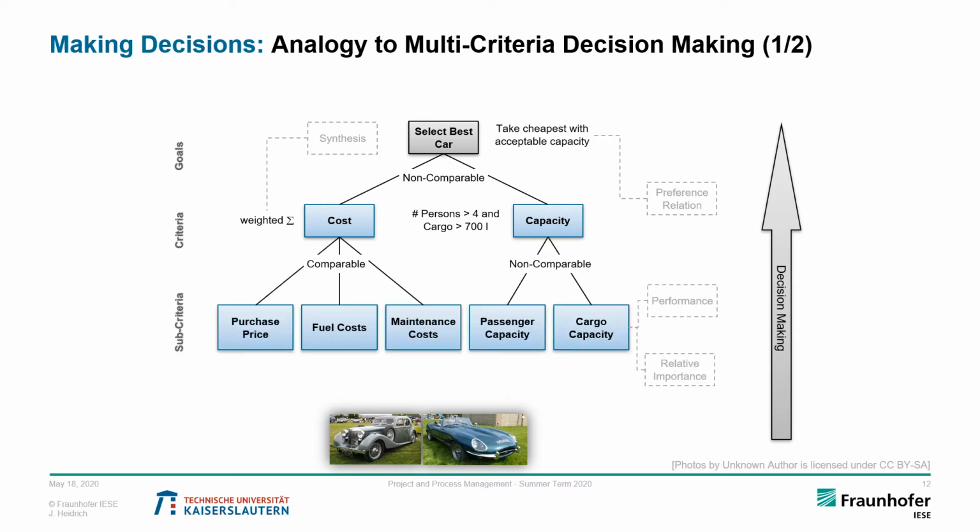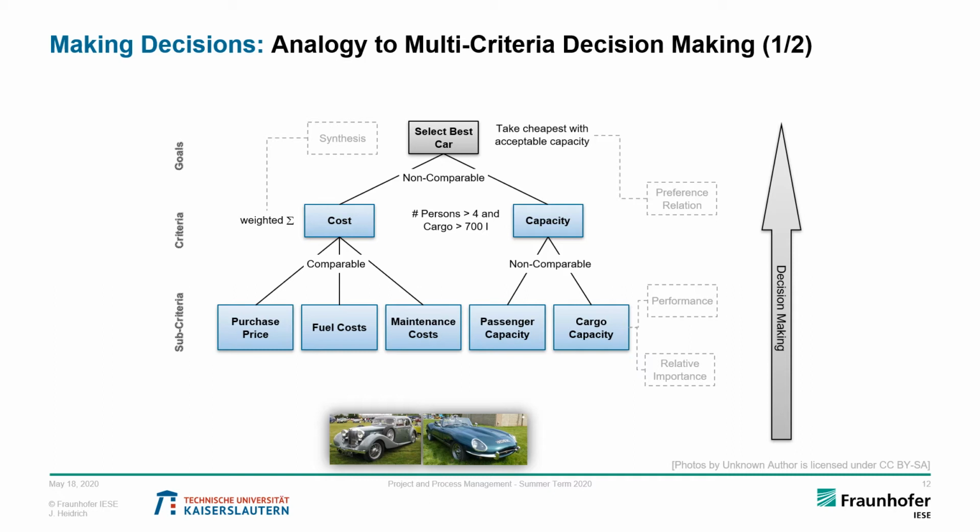And then we can define some sub-criteria. The cost is broken down into the purchase price, the cost we have for fuel, and the maintenance cost of the car. And the capacity is broken down into the passenger capacity and the cargo capacity.